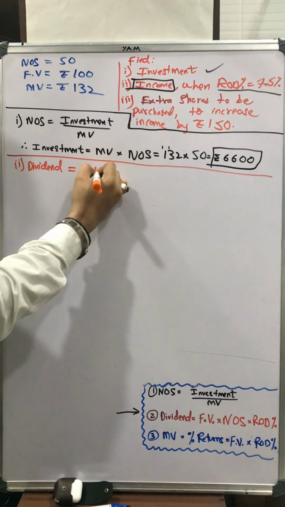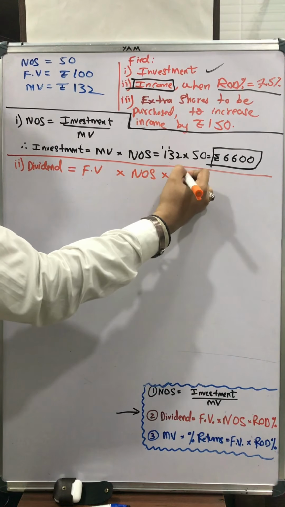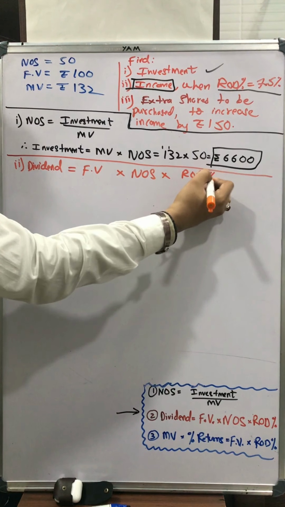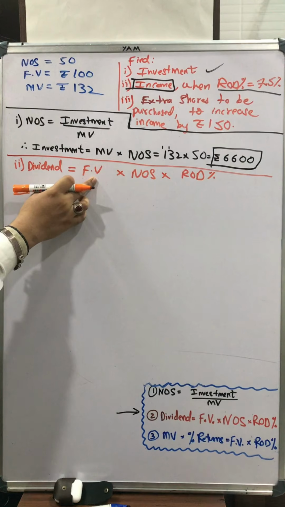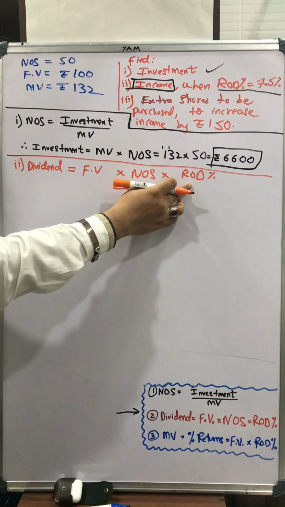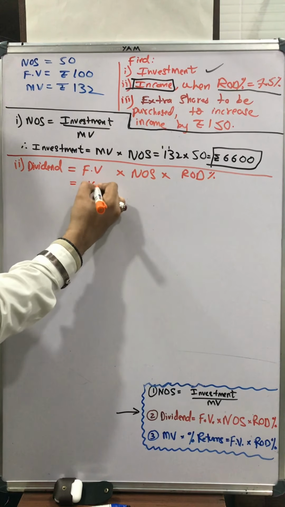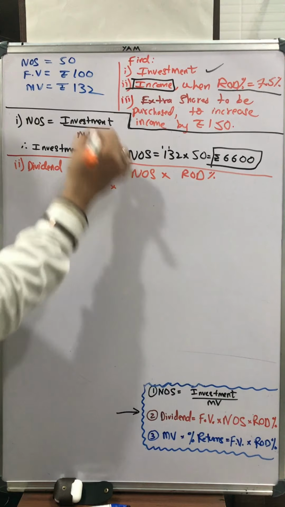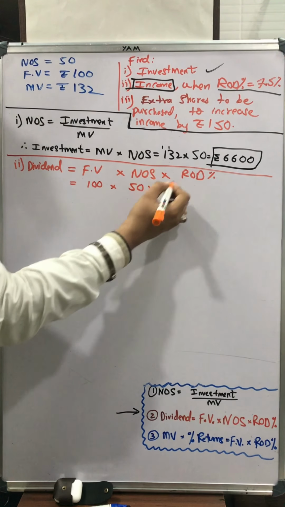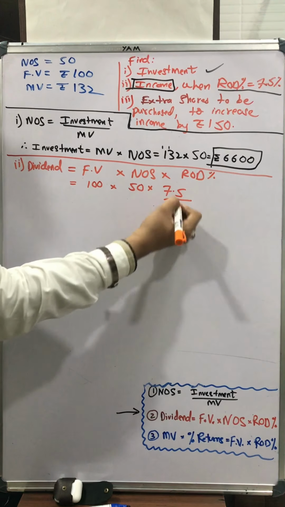Formula is face value multiplied by number of shares multiplied by rate of dividend, the percentage. Face value, is it given to me? Yes, 100. Number of shares, is it given to me? Yes, 50. Rate of dividend percentage is given to me here, 7.5%. Let's substitute. Face value is 100 multiplied by number of shares, 50, multiplied by rate of dividend 7.5%. So 7.5 upon 100.